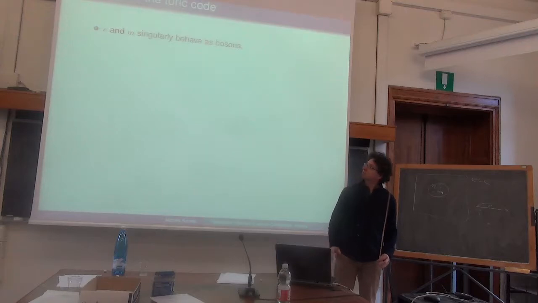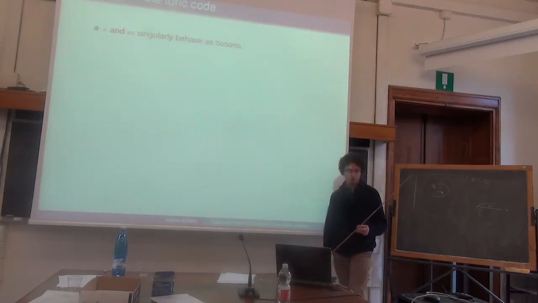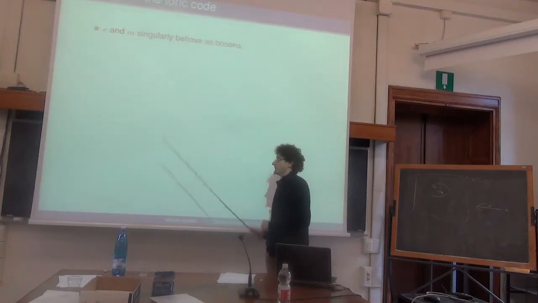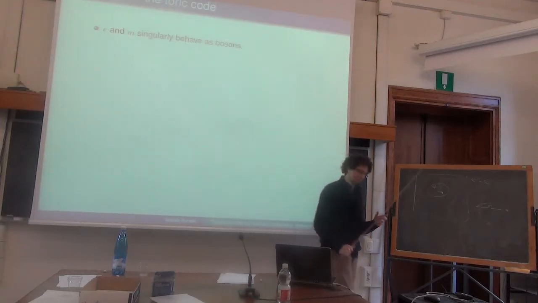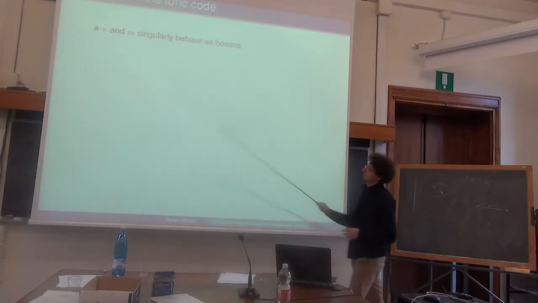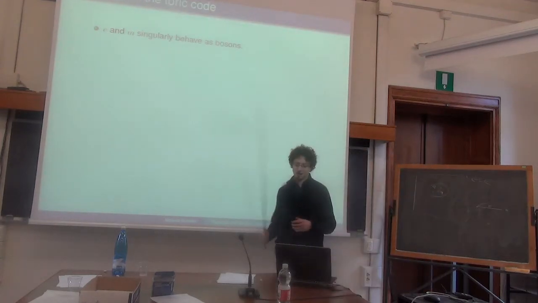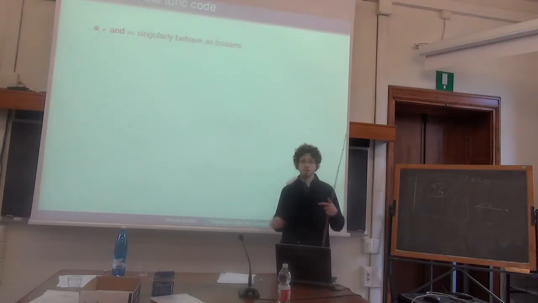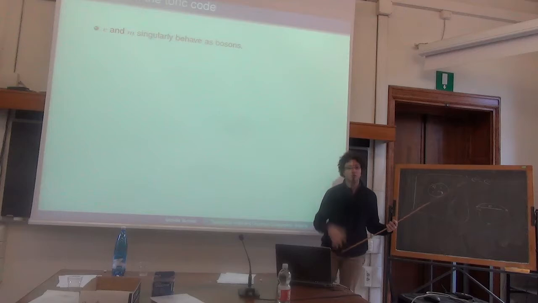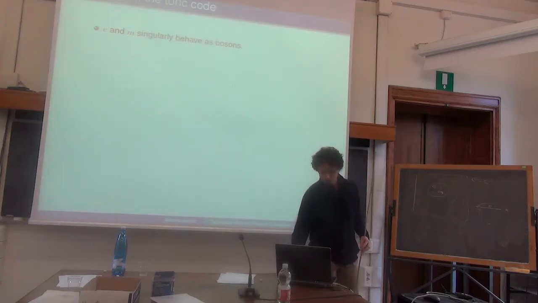So, about their statistics, we saw that if I consider a pair of E or a pair of M, with respect to the same kind of particle, the E and M are essentially bosons because I can exchange their positions just by applying strings of a single kind.